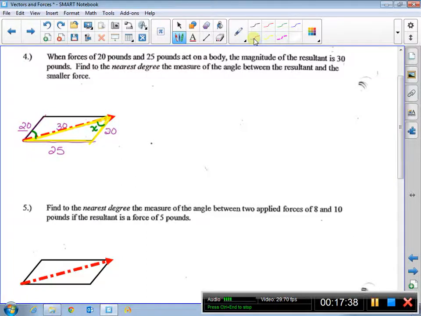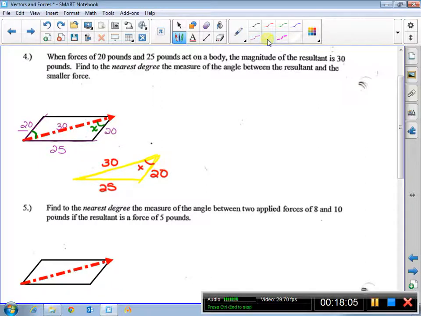I'll label it with an X. So we have this triangle. If you're ever confused what you're looking at, you can always drag the triangle out, pull all the labels out as well. If your picture starts to get too messy, that was 25, this was 20, this is 30, and you're looking for X. And there you go, that's your triangle.